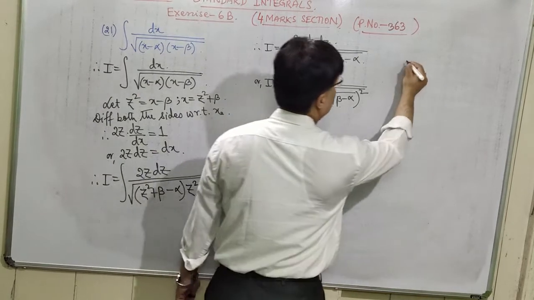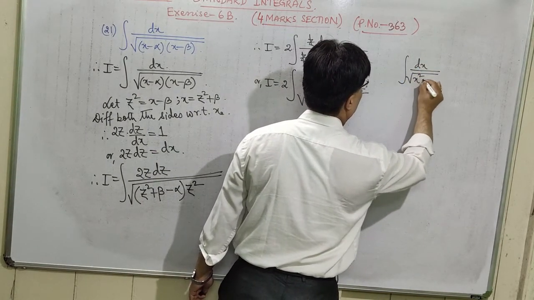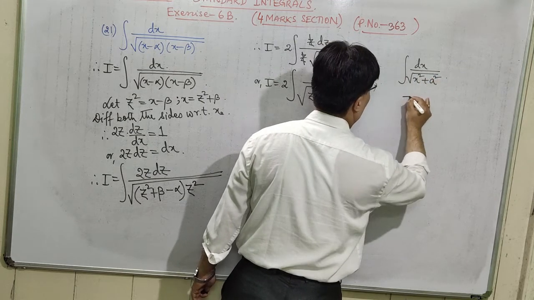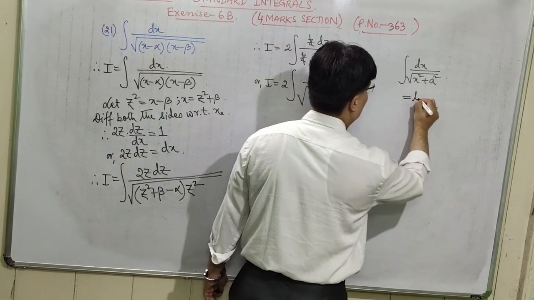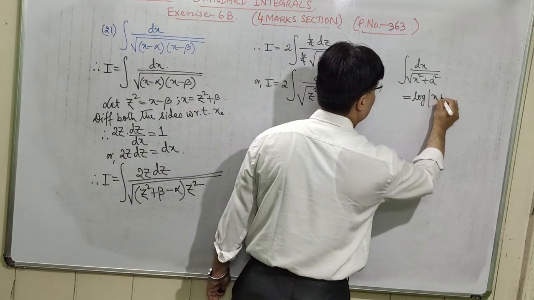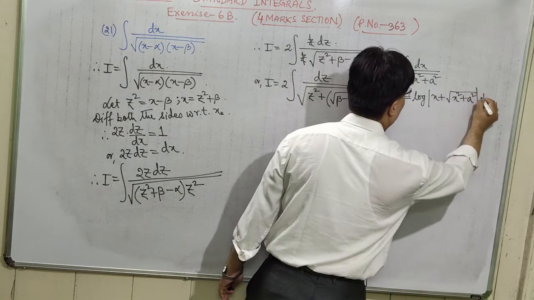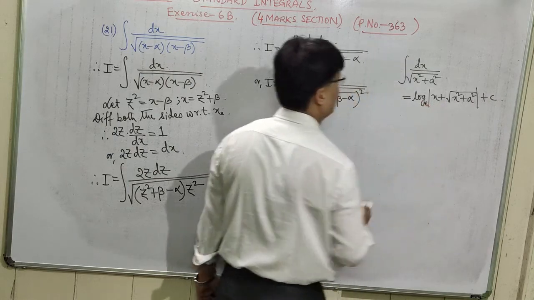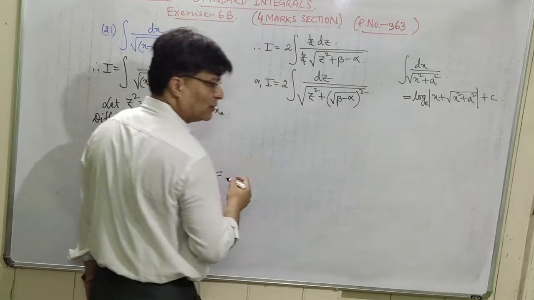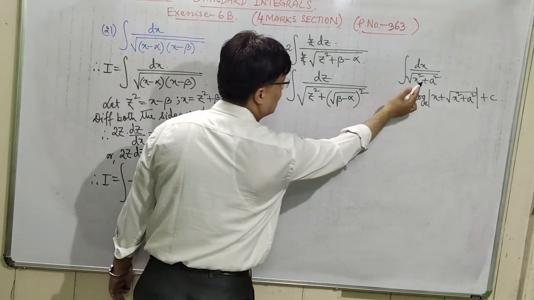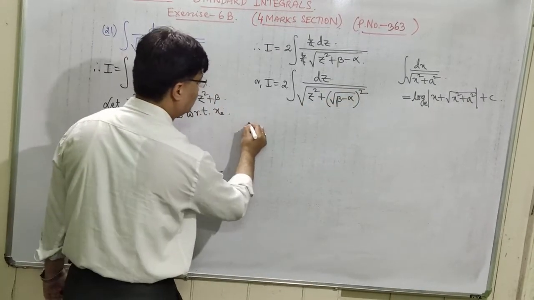It is integration of dx divided by root over x square plus a square, which is equal to log within mod x plus root over x square plus a square mod sign close, base e, plus c. Okay, so you can compare these two integrals. Instead of x there is z, instead of a here it is root over beta minus alpha. So we can use this formula now.